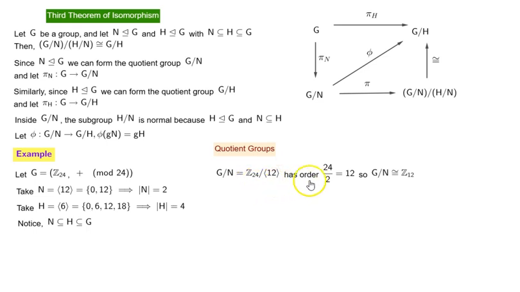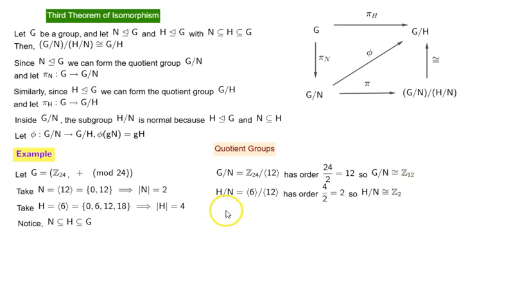Now this has an order of 24/2. 24 is the number of elements or order of Z24, and 2 is the order of the subgroup generated by 12. So 24/2 is equal to 12. So G/N is isomorphic to Z sub 12.